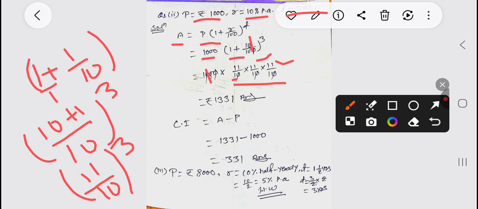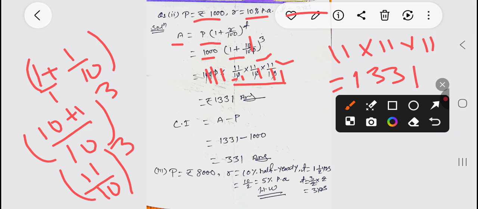So this 1000 and this 1000 will cancel out. Now we have 11 into 11 into 11, and if you multiply 11 into 11 into 11, it will come 1331 rupees. So our amount will be 1331 rupees.